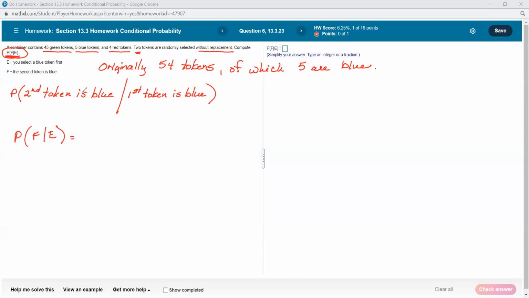So first of all, we have to figure out what we've got when we get ready to pull the second one out. If the first token was blue, and this is without replacement, that means we are now down to 4 blue, and we only have now 53 tokens.